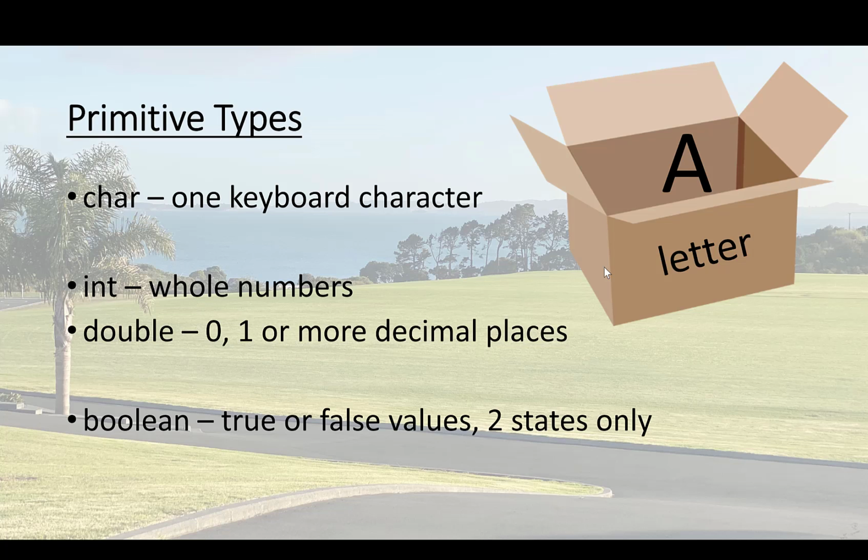So if this was char letter, I might then, either in the same line, write char letter equals A, or char letter, and then later on in my program, letter equals A. Whatever is inside the box is the actual value that we want to store, provided that value matches the data type of letter, whatever our variable's data type is.